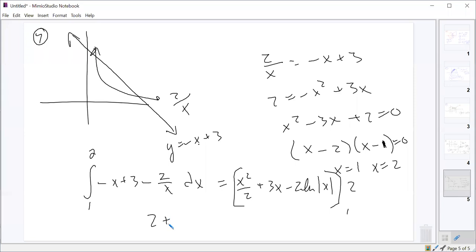At 2, that's 2 plus 6 minus 2 ln 2, and then minus 1/2 plus 3 minus 2 ln 1, which is natural log of 1 is 0, so just minus 0. And let's see, 2 plus 6 is 8. 8 minus 3 is 5. Minus 1/2 ought to be 9/2. 9/2 minus 2 ln 2.